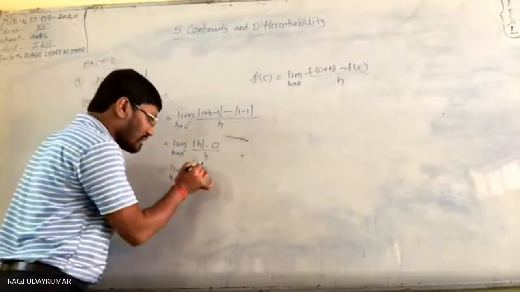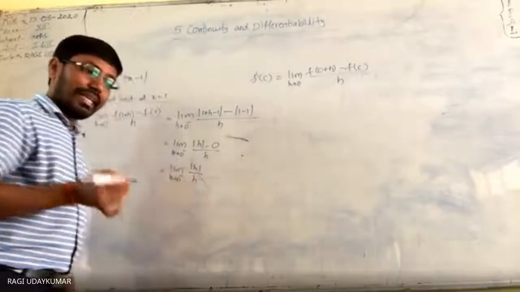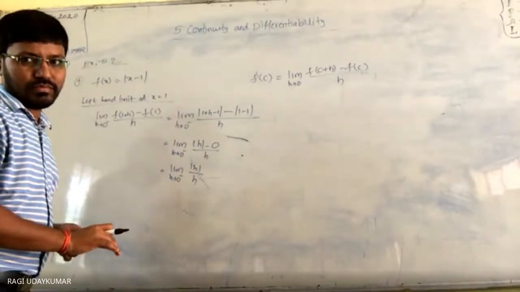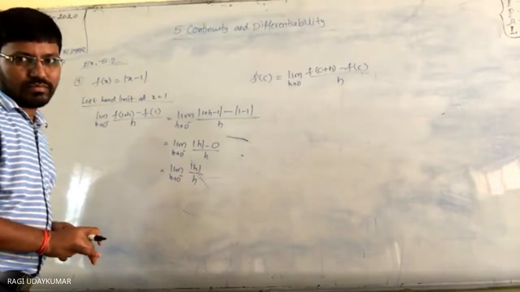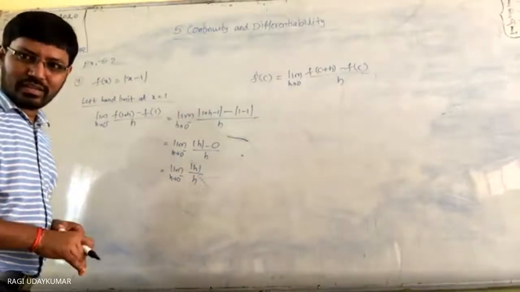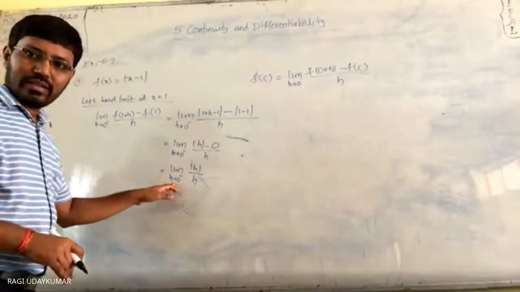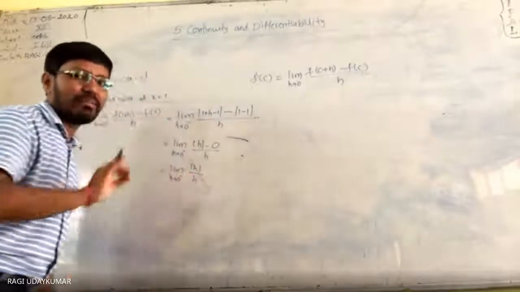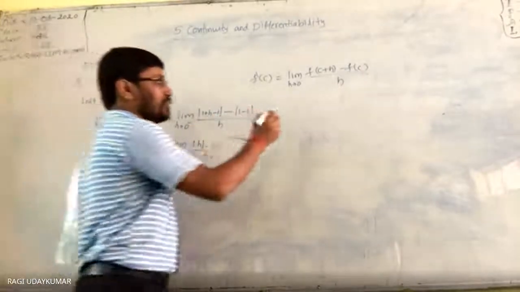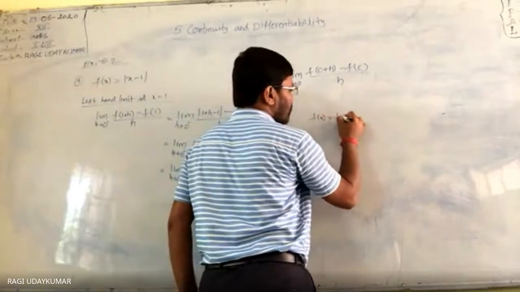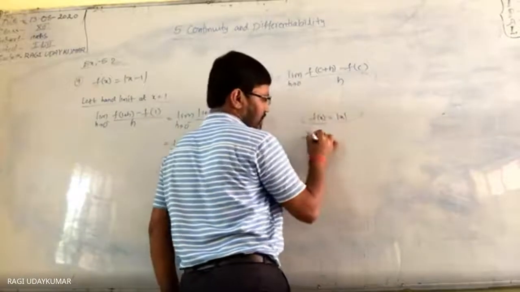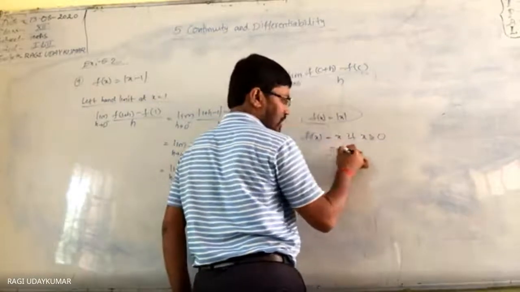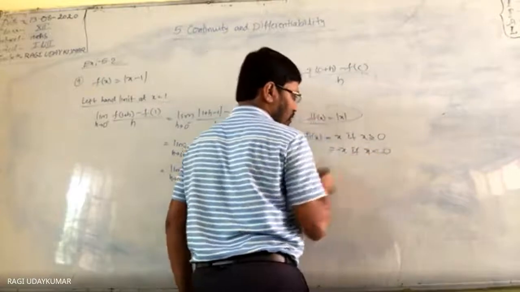What is modulus of h when h is near 0 but left of 0? That means negative only, right? So when h is negative, it should be multiplied by minus. Recall this function, f of x equals mod x. This can be written as f of x equals x if x is greater than or equal to 0, and equals minus x if x is less than 0.